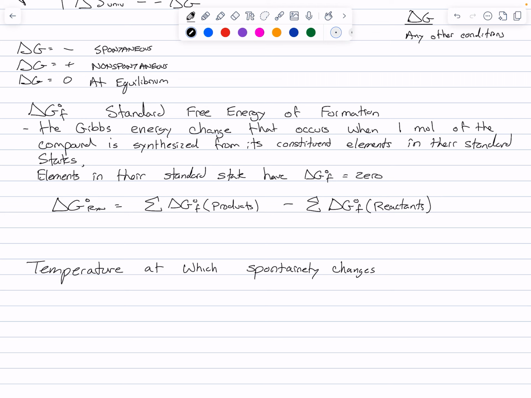All right. Delta G equals 0 is equilibrium.